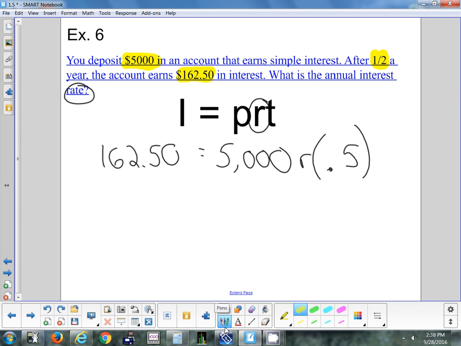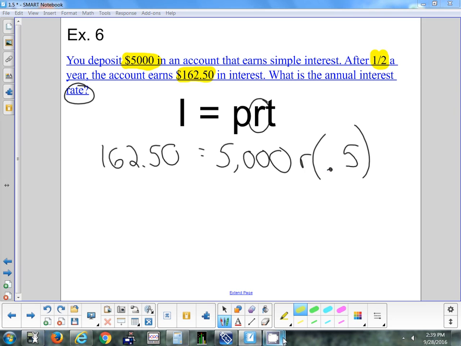What I'm going to do, guys, is 5,000 times 0.5. Mr. Hager's going to get his calculator up for me. 2,500, didn't even need it. Basically, it's saying what's half of 5,000. So 2,500 R equals.